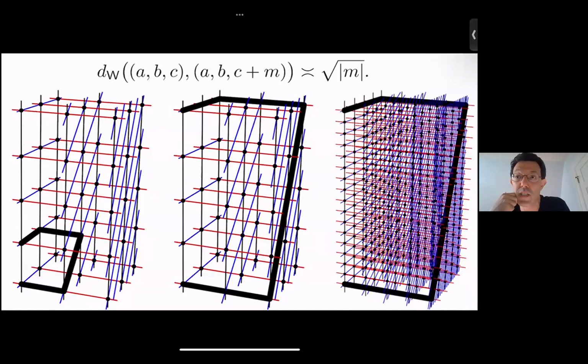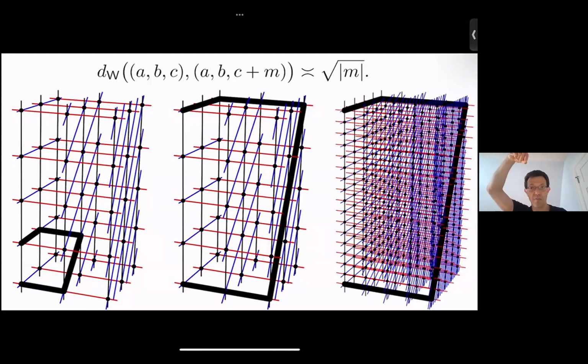If I do k steps in the Cayley graph, I end up with vertical displacement k squared.